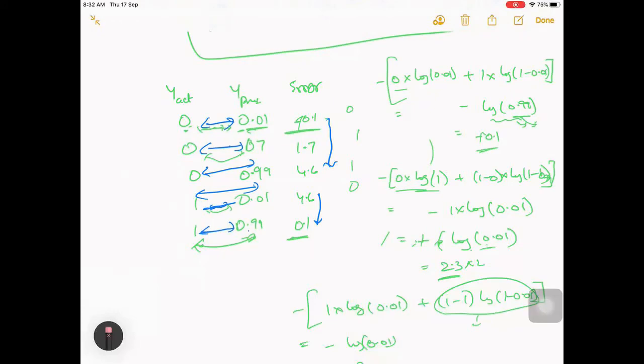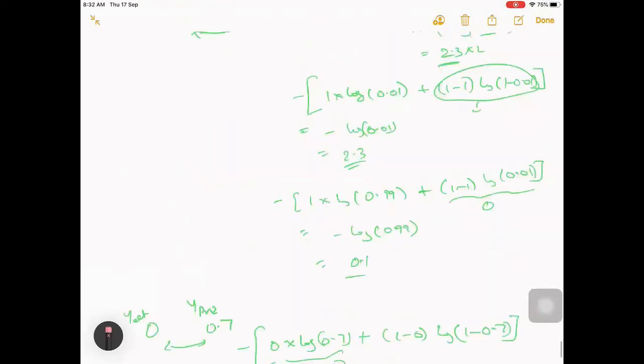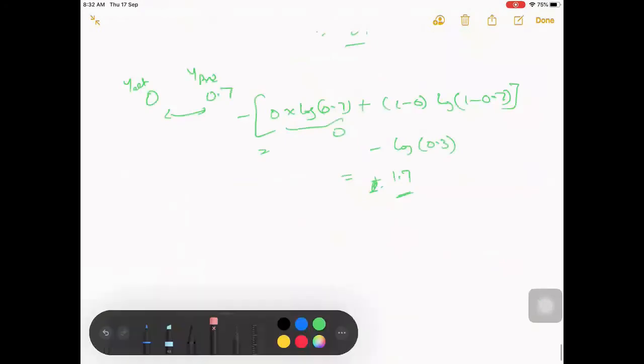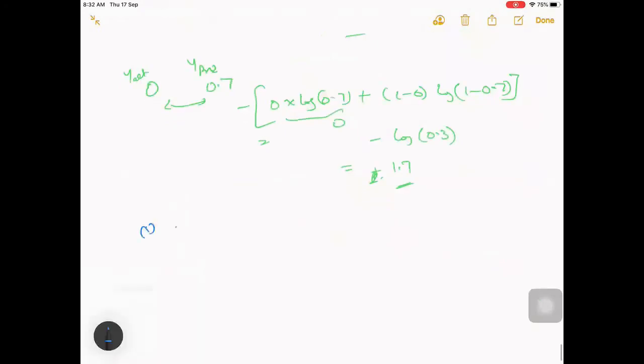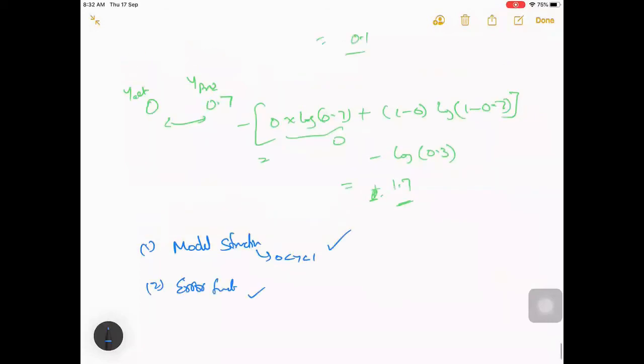So now the next step. What did we do? We have a kind of a checklist. The model structure is now proper, it is giving values between 0 and 1, so this is fine. Second step, we have used an error function, and this is also behaving well, just as we expected.